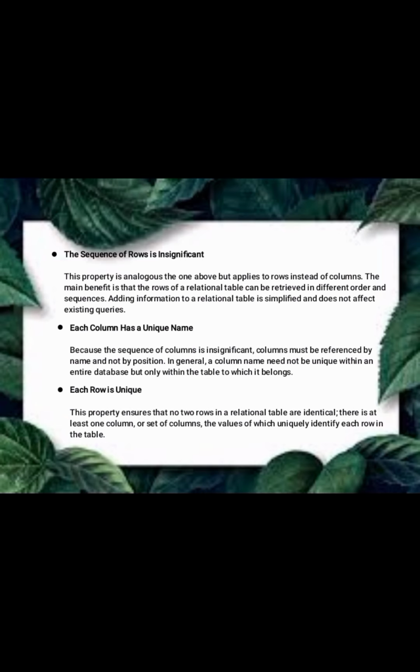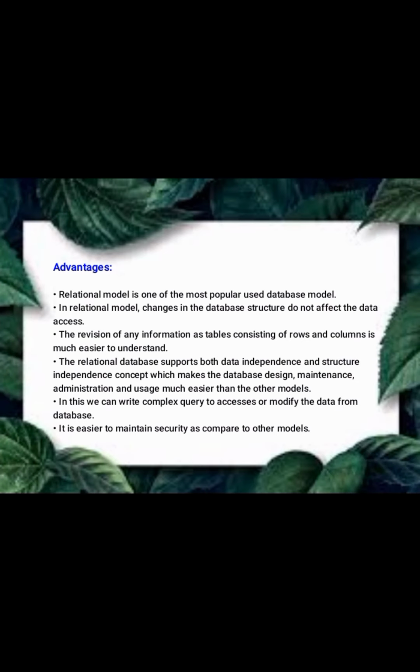And last, each row is unique. This property ensures that no two rows in a relational table are identical. There is at least one column or set of columns, the values of which uniquely identify each row in the table.